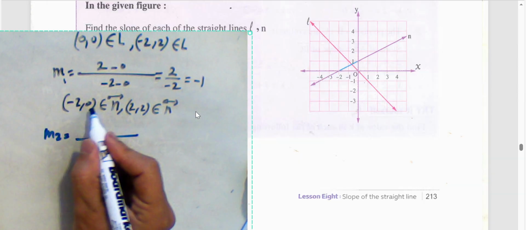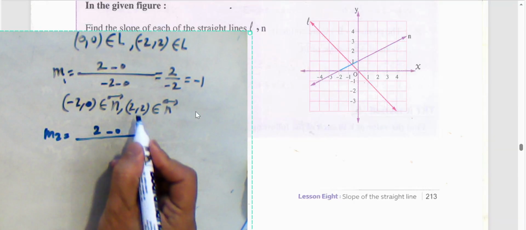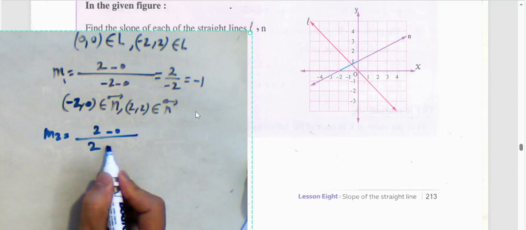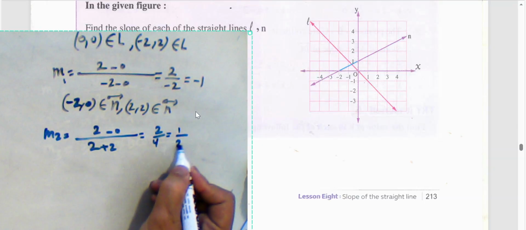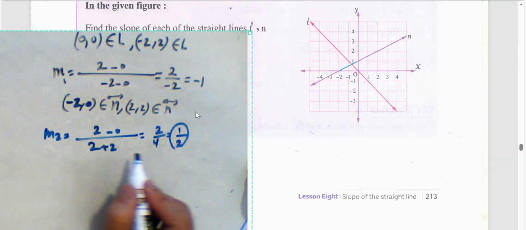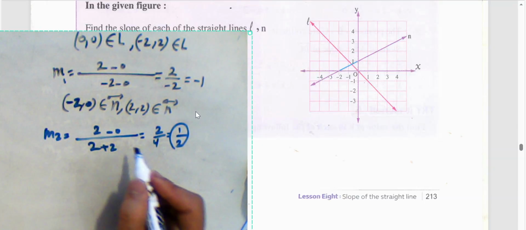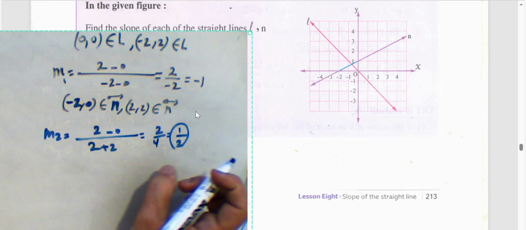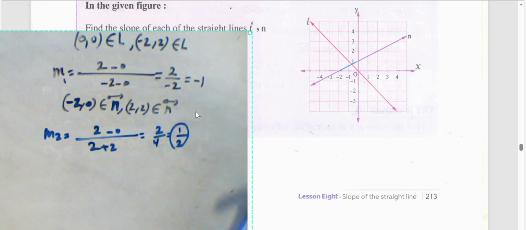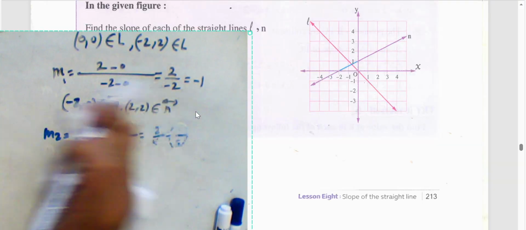We have 2 points, 2 minus 0 over 2 plus 2. 2 minus 0 is 2 and 2 plus 2 is 4. 2 over 4 is 1 over 2. The slope of straight line N will be half. Okay, you must choose 2 points which belong to, or satisfy, the straight line.